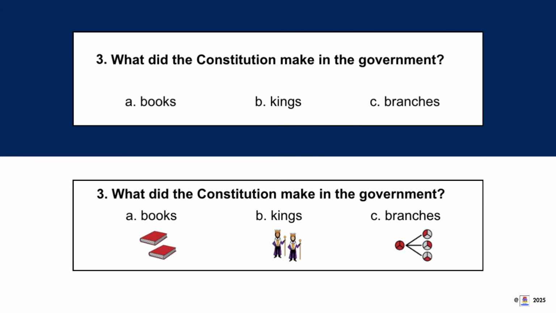A. Books, B. Kings, C. Branches. The answer is C. Branches. The Constitution made branches of government. 3 branches of government were made from the Constitution: the legislative branch, the executive branch, and the judicial branch. This was done for checks and balances of power within the government.